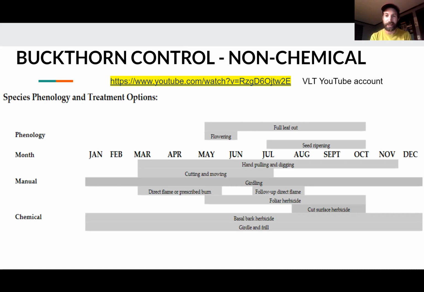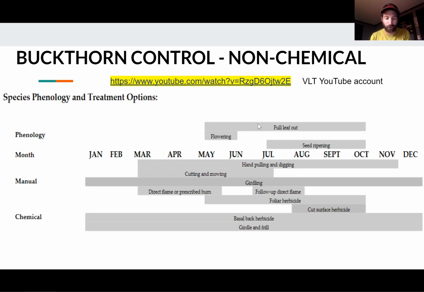So because there are so many variables, I'm just going to say at the outset that I'm not going to be giving any specific recommendations or formulations for what you should use. All of that information can be found on individual herbicide labels, and I highly recommend consulting a professional, whether that be the company that I work for, myself, or there are many of us who do this type of work.